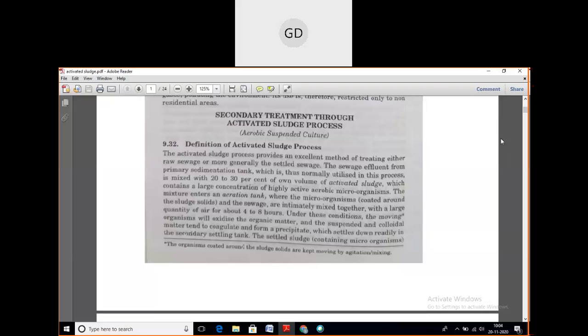The microorganisms, one is attached to the media and one is suspended. The difference we have learned in our previous classes. So this activated sludge process, let us read it line by line and understand better.